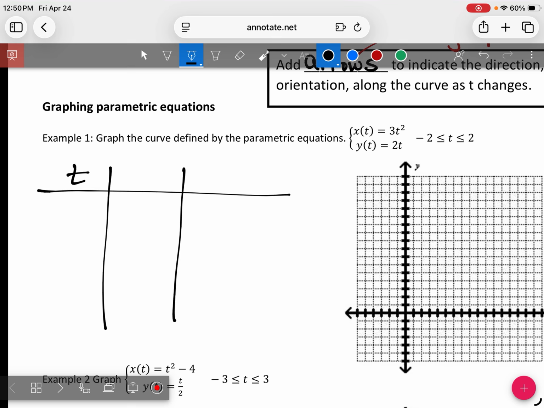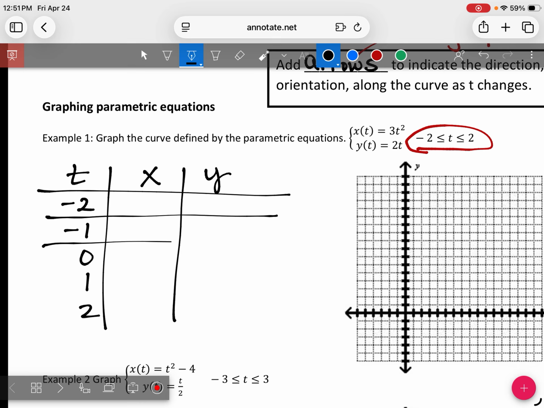And it's going to be t, x, y. And because it's telling us right here, my t values start at -2 and end at +2. -2, -1, 0, 1, 2. I'm going to make my 5 rows.